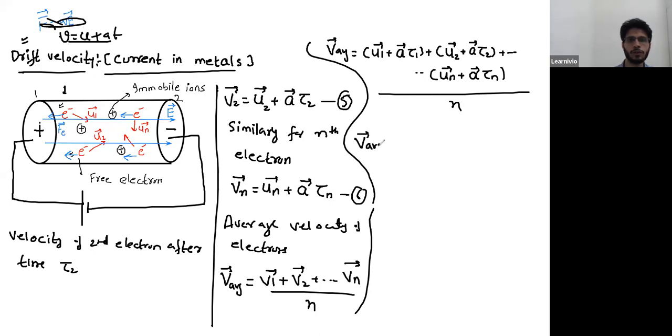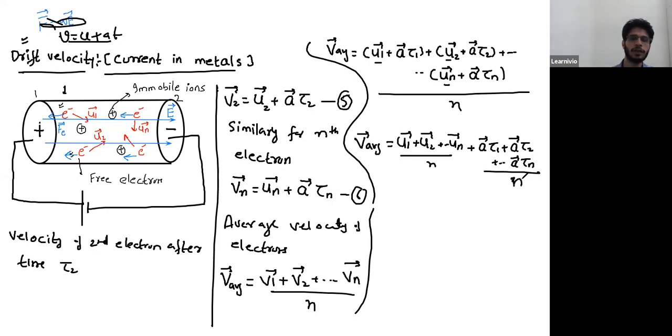So V average is U1 plus U2 up to Un by n, I'm writing it as two different terms, plus A, I'm taking this A as common, A tau 1, A tau 2 up to A tau n divided by n. Is it clear? I just divided the whole thing into two different functions. One is in terms of U1, U2, Un, and another is A tau 1, A tau 2, A tau n. Is it clear?